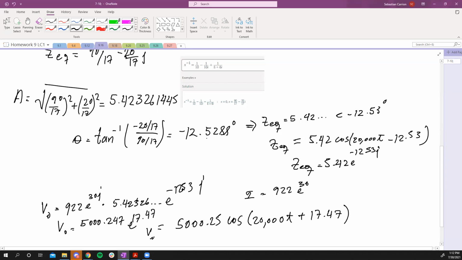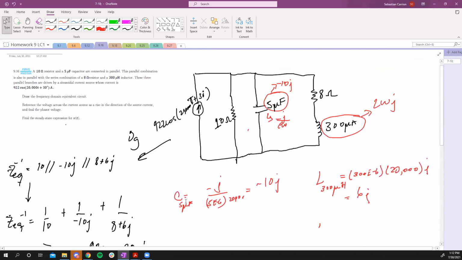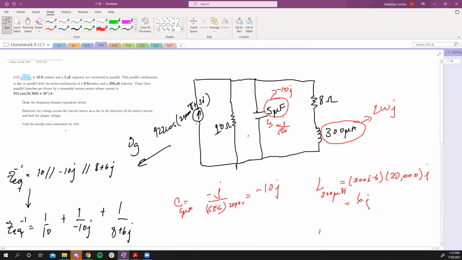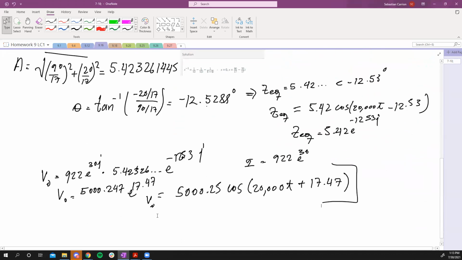And this right here would be our function for our voltage, our steady state expression for the voltage across the source. So yeah, this is it.